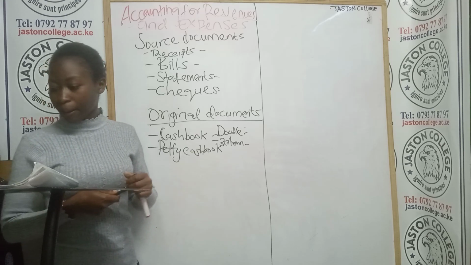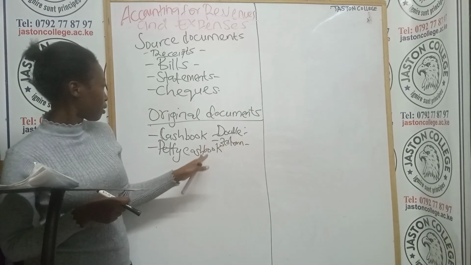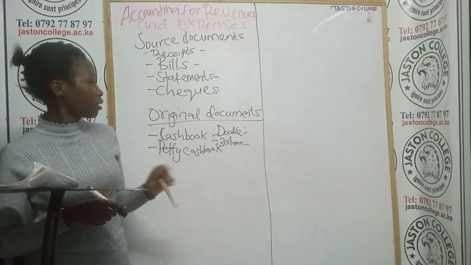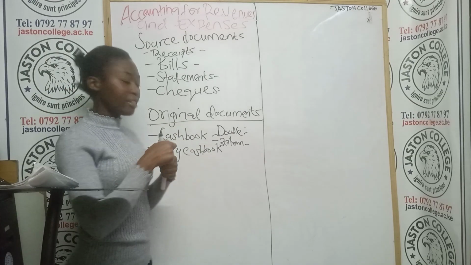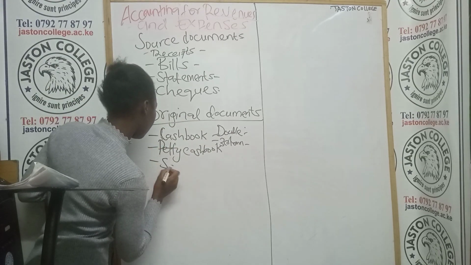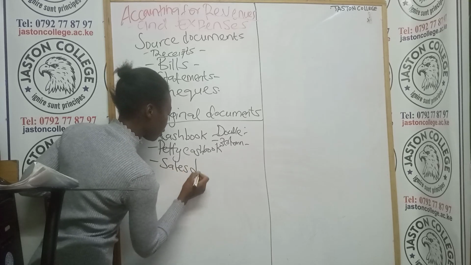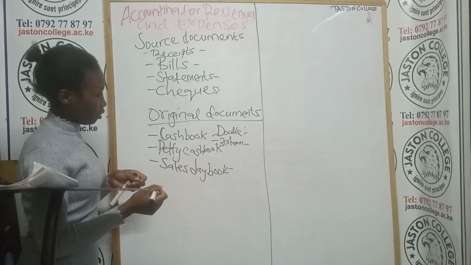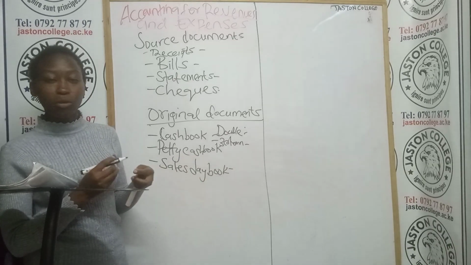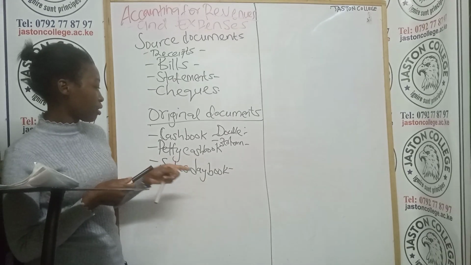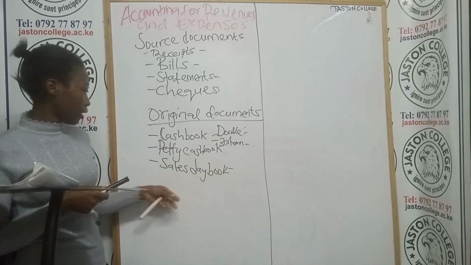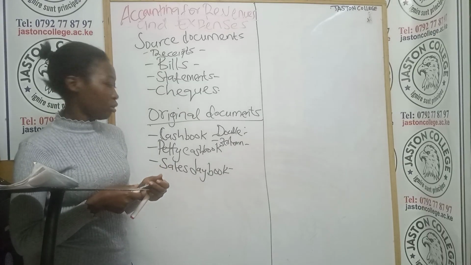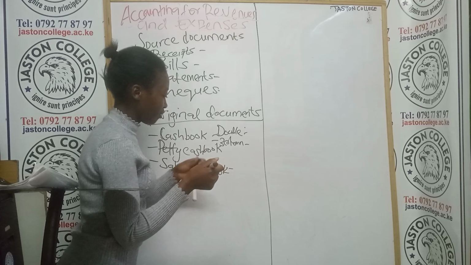Then we have original documents. We also have a sales day book. So our sales day book, we use it to record transactions that are made in cash or after a sale is made.